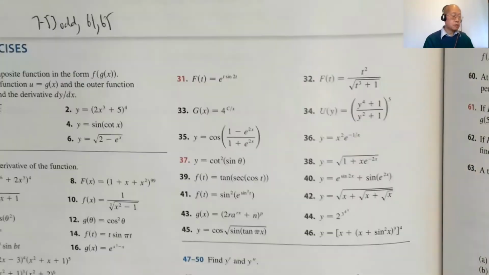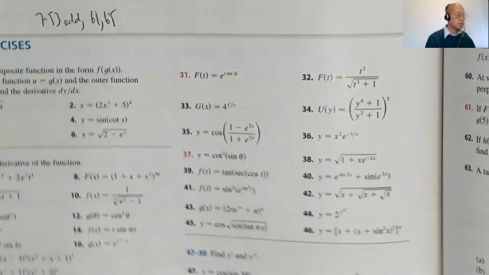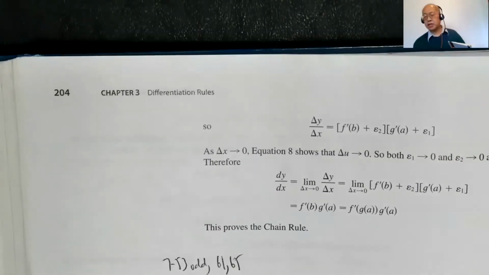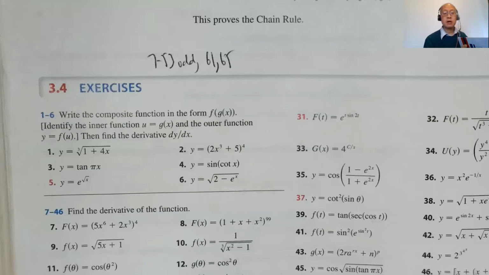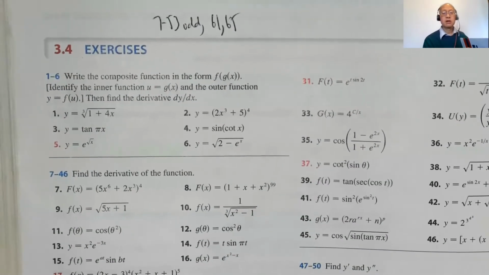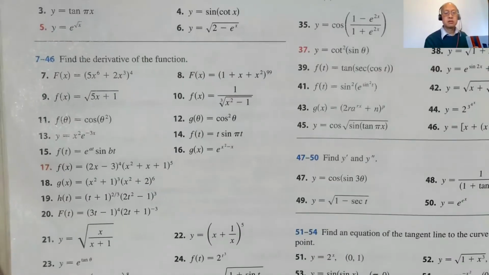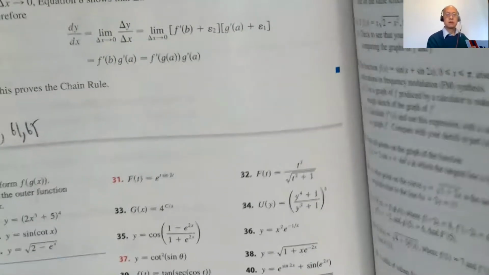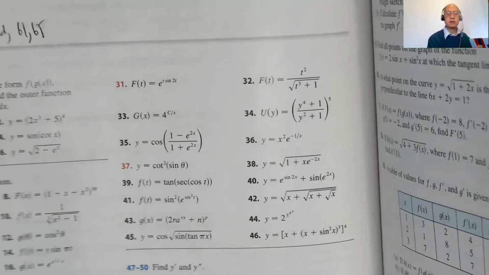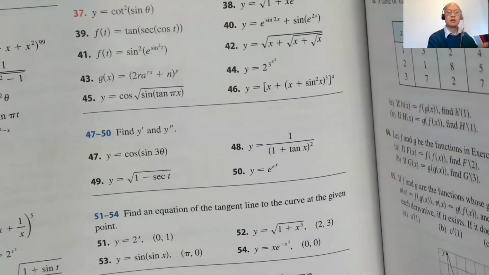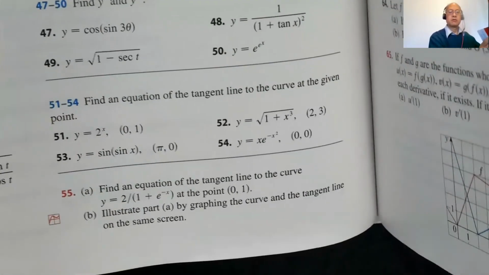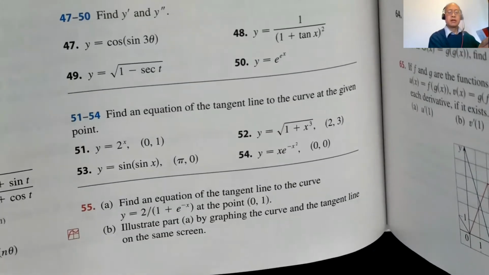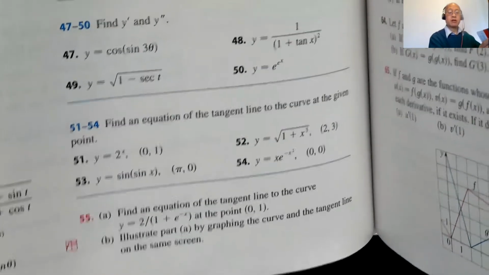Let's take a look at the homework. So we had to go up to problem 65, it looks like, page 204. Okay, 55 at the bottom, there's the graphing calculator icon.